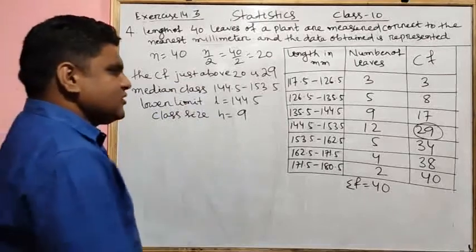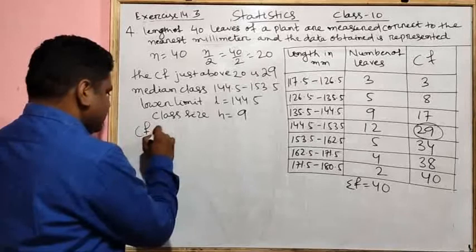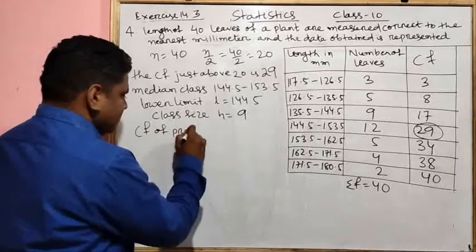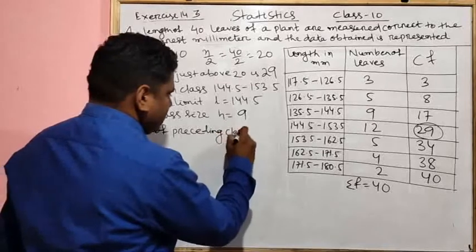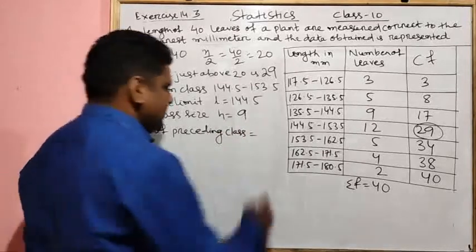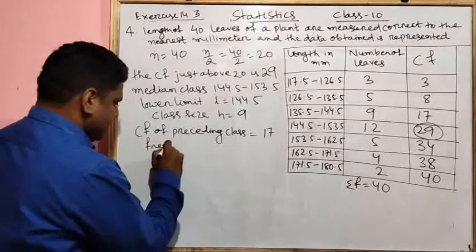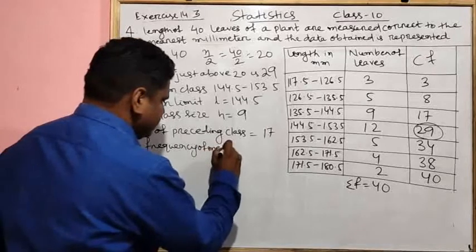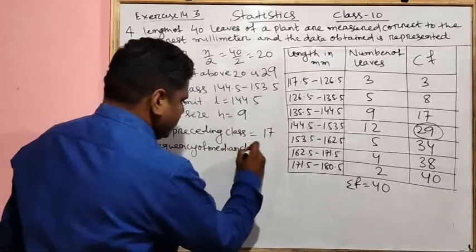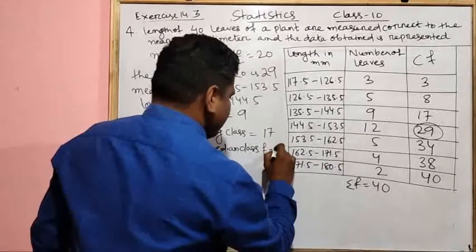Now what is the cumulative frequency of preceding class? It is 17. Frequency of median class, f, is 12.